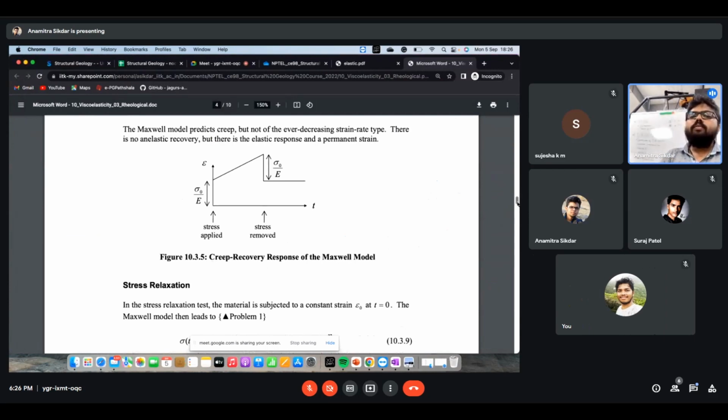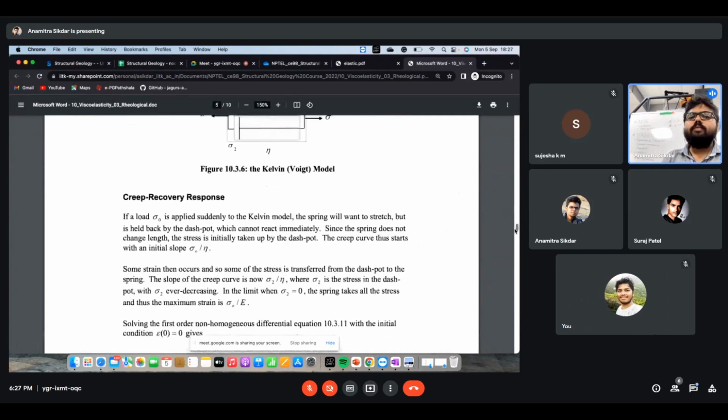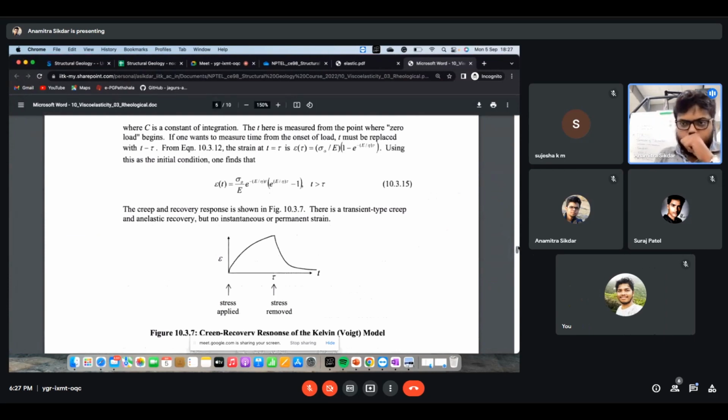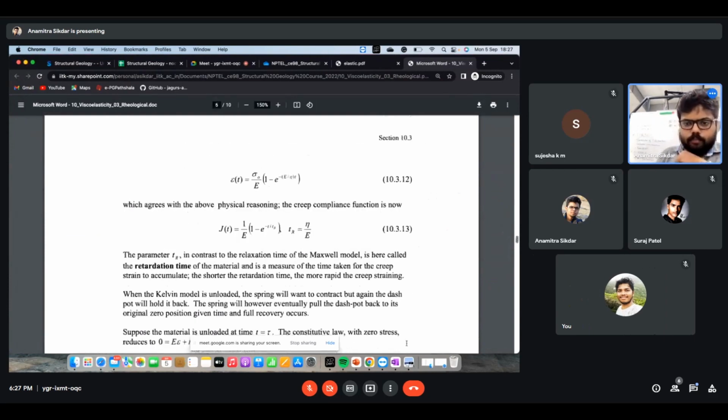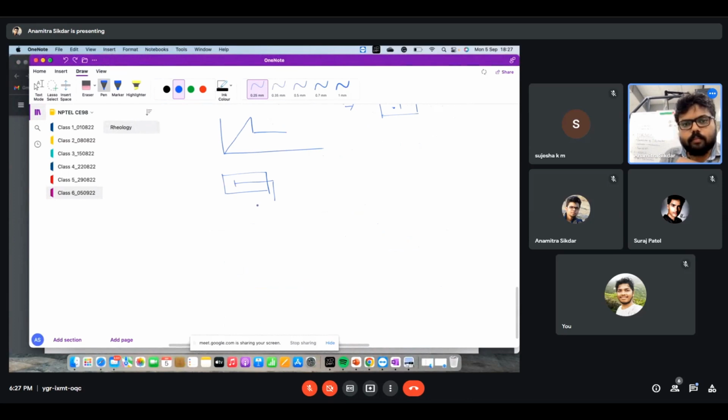But in case of the Voigt or Kelvin model, the situation is a little bit different. Why is that? So these are connected in parallel, right? And you're applying some force here.